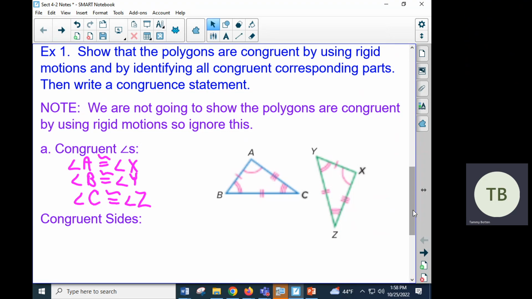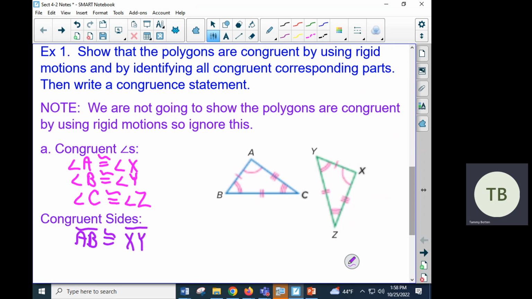Okay. When you're listing the sides, what you're going to do is list them as segments. And usually where I'll start is I'll list the side that has one dash and the side here that has one dash. And I would say segment AB is congruent to segment XY.